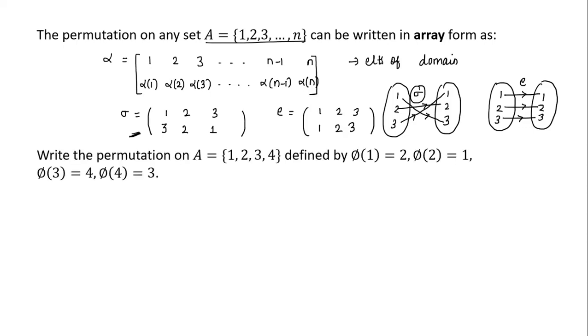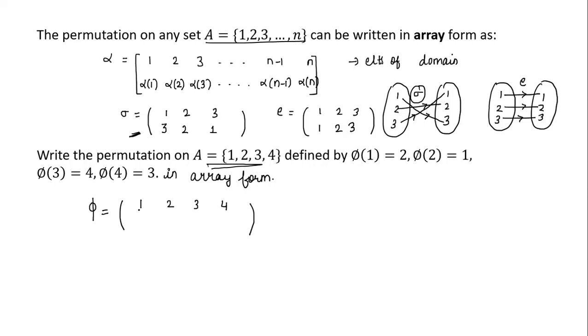Now let us have the permutation defined on the set A equal to 1, 2, 3, 4 as phi of 1 is equal to 2, phi of 2 is equal to 1, phi of 3 is equal to 4, and phi of 4 is equal to 3. And write this permutation in array form. This is the question. Let us see how we can write it. Here we will represent the permutation by phi, and on the top we will write the elements of the domain, which is clearly 1, 2, 3, 4.